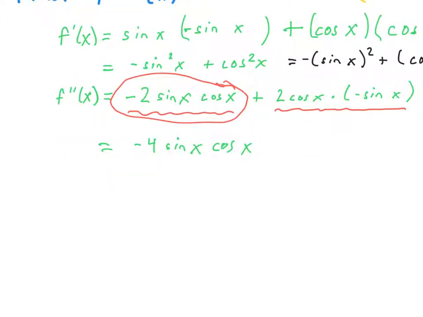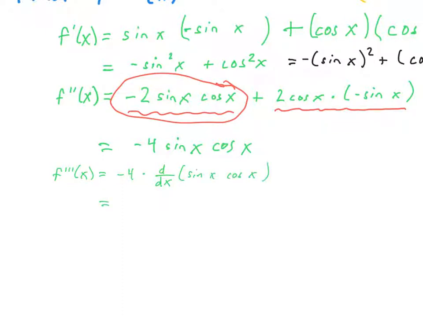Now, does that pattern hold? Well, let's take a couple more derivatives and see. And I'm going to shorten the way I'm differentiating here because we can be a little more clever about this. The way you find the derivative of this term, we could just say, is that you're going to find out what negative 4 times the derivative of sine x cosine x would be.